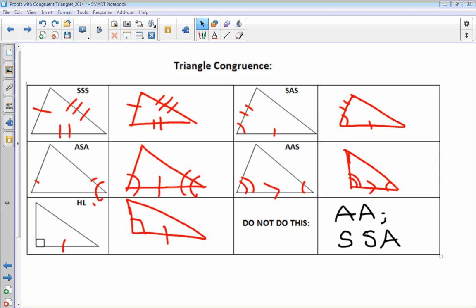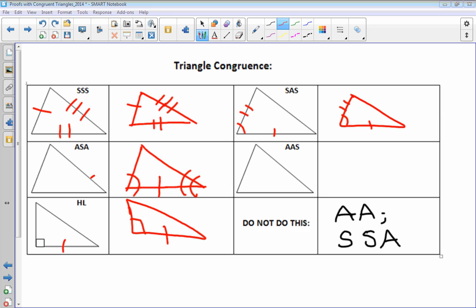All right, a couple of things. I disagree with a couple of them, so let's make sure that we have them all written down correctly here. I disagree with, we have to add something to this one. I disagree with that. So let's just move on. Over here, I think I just have to erase for these A's, and make sure you have angle, side, angle there. And in HL, we have the leg, but what did we forget to mark?